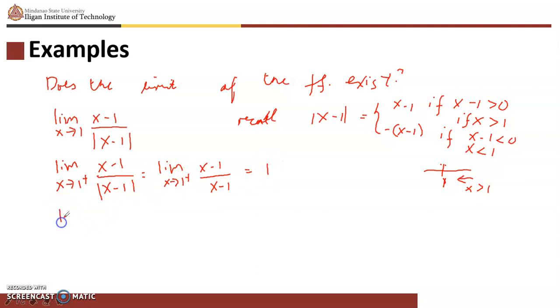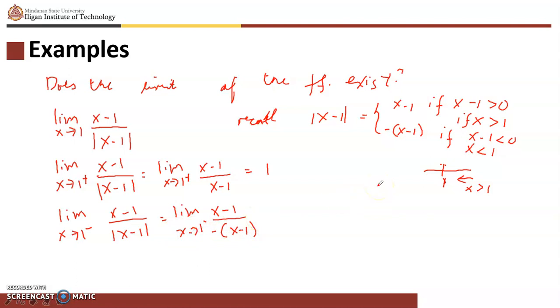On the other hand, the limit of x minus 1 over the absolute value of x minus 1 as x approaches 1 from the left, then we make use of the other quantity, that is, this time the limit of x minus 1 all over the negative of x minus 1 as x approaches 1 from the left.